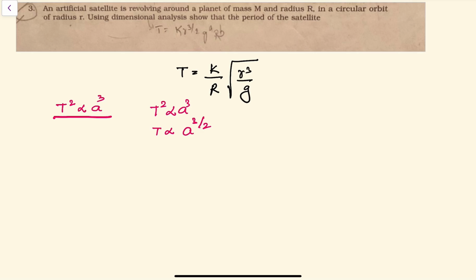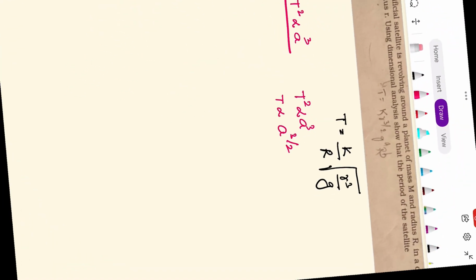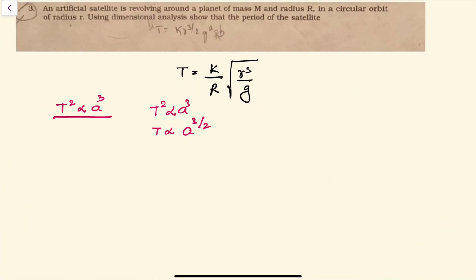Instead of writing length of semi-major axis, we will write it as R power 3 by 2, because here R is there. So T is proportional to R power 3 by 2. What are the dependents here? The time period is proportional to R power 3 by 2.